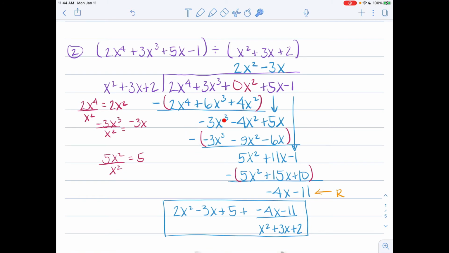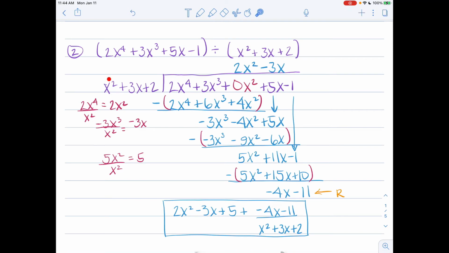These two terms cancel. Negative 4x squared minus a negative 9x squared is a positive, so 4 plus 9 is 5. I have 5 minus a negative 6, minus a negative, again, gives me a positive, so 11x, bring down the 1, and then repeat everything one final time.